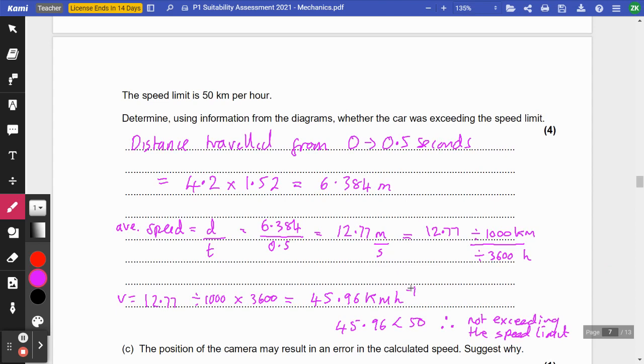And if the question is, the speed limit is 50 kilometers per hour, has the car exceeded that speed? 50 kilometers per hour, that is not meters per second. So I need to change. I've written meters over seconds as meters per second because of the next thing that I'm going to do. To go from meters to kilometers, I divide by 1,000. So the factor I need to divide this value by is 1,000, to change the unit from meters to kilometers.